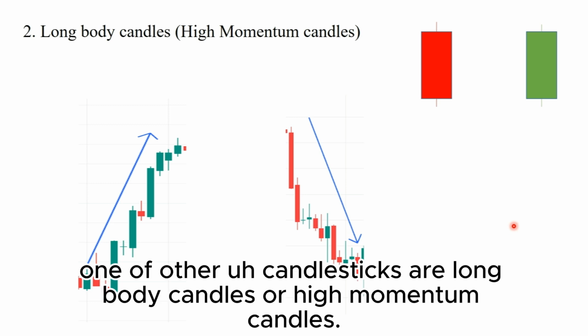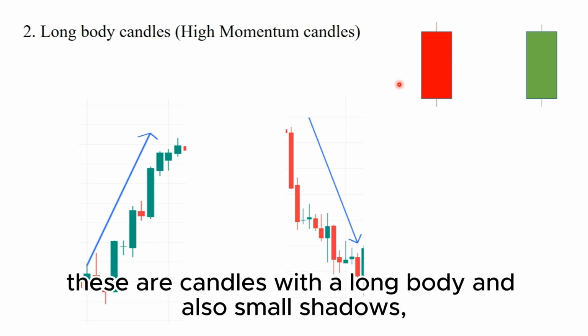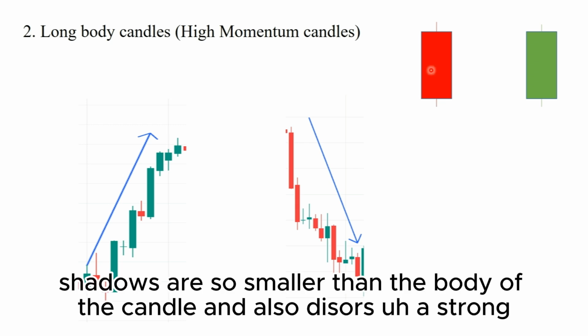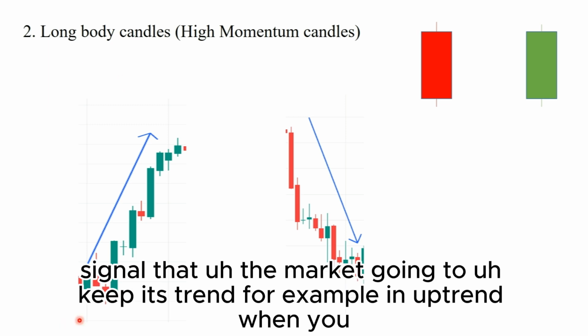One of the other candlesticks is the long body candle, or high momentum candle. These are candles with a long body and also small shadows. The upper shadows and lower shadows are much smaller than the body of the candle, and these are a strong signal that the market is going to keep its trend.